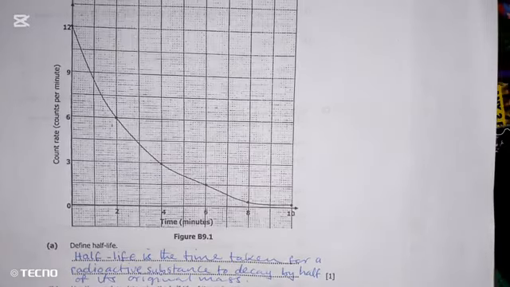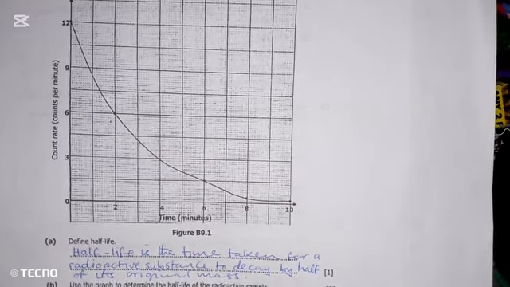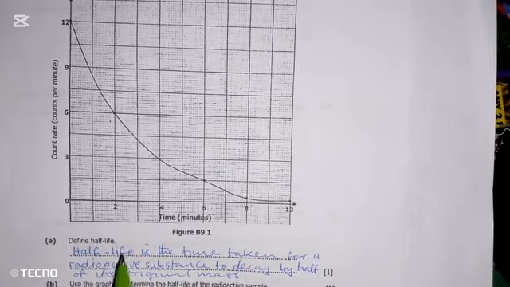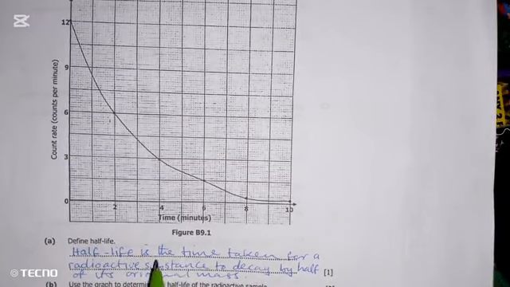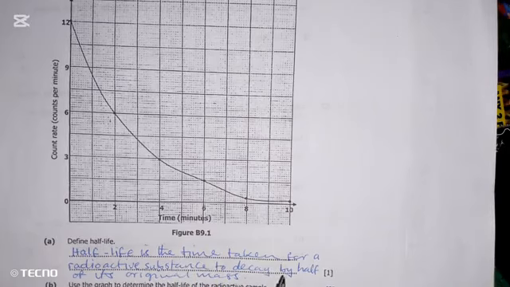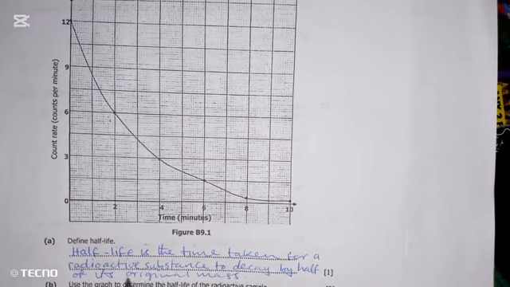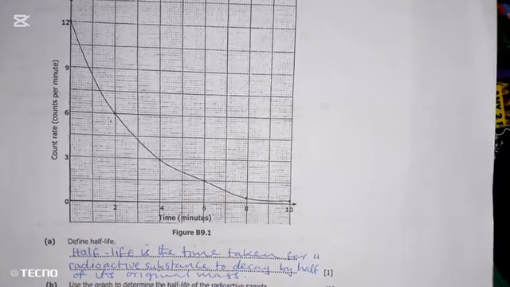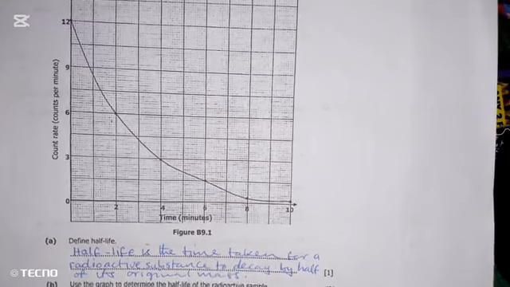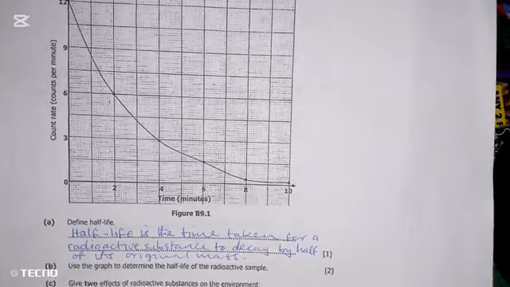This is how we can define half-life. Half-life is the time taken for a radioactive substance to decay by half of its original mass. If you define it like this, you get 1 mark.